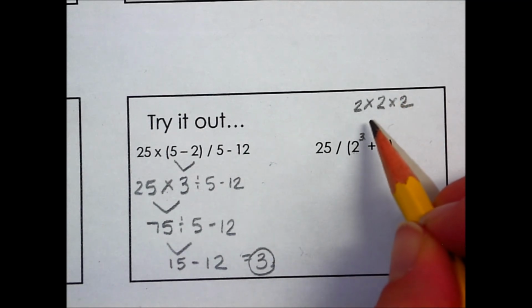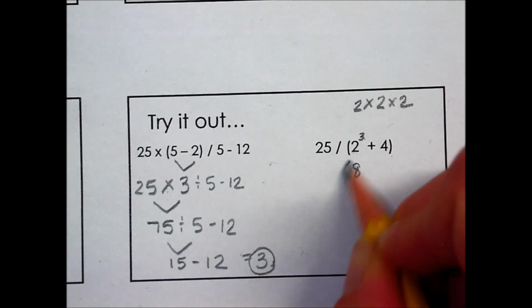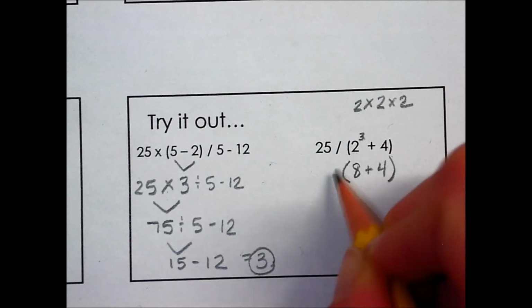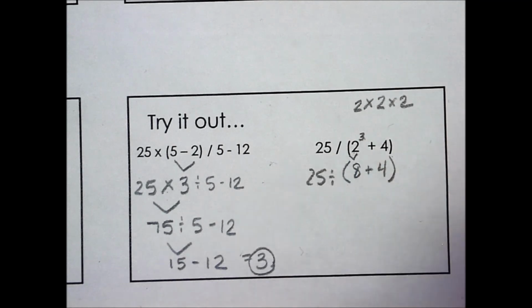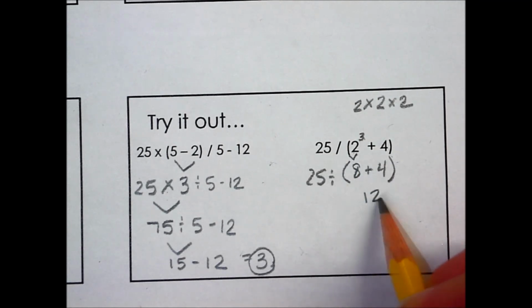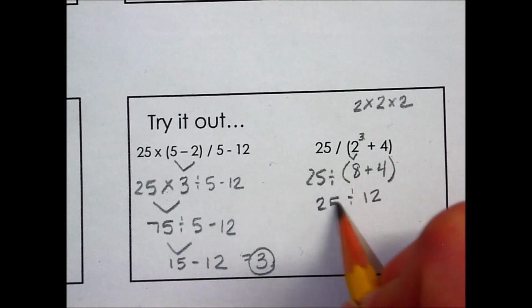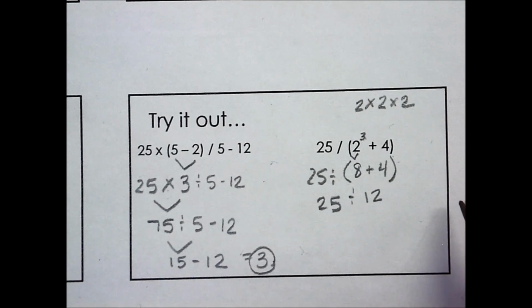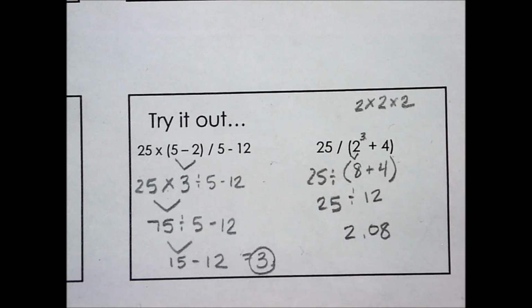Type 2 times 2 times 2 and you'll get 8. Bring everything else down. We still have parentheses, so let's finish that. 8 plus 4: 8, 9, 10, 11, 12. Bring down everything else. And then 25 divided by 12 is not very good. Probably should have been 24. We're rounding to the nearest hundredth.